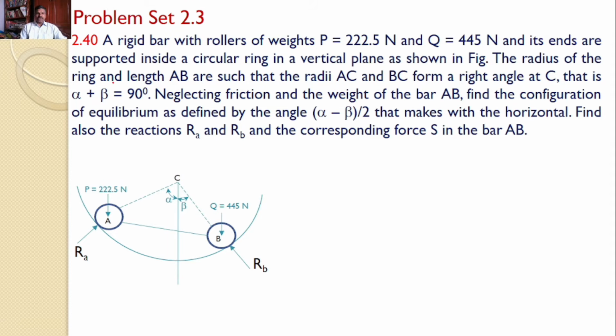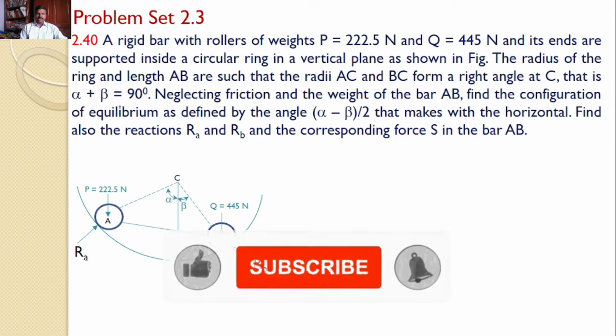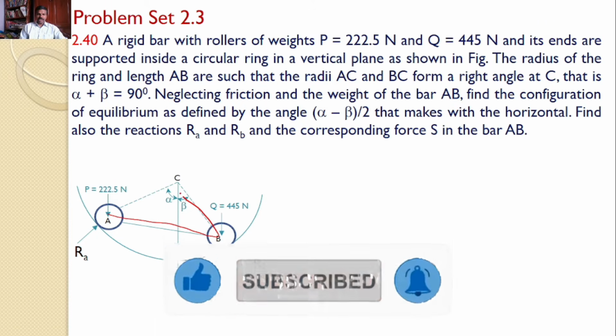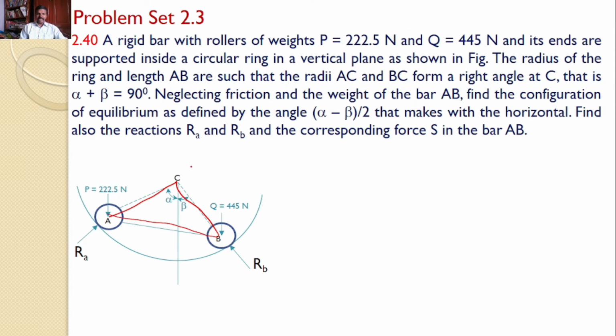The radius of the ring and length AB are such that the radii AC and BC form a right angle at C, that is alpha plus beta is equal to 90. That means ABC forms a right angle triangle and at C there is a right angle.